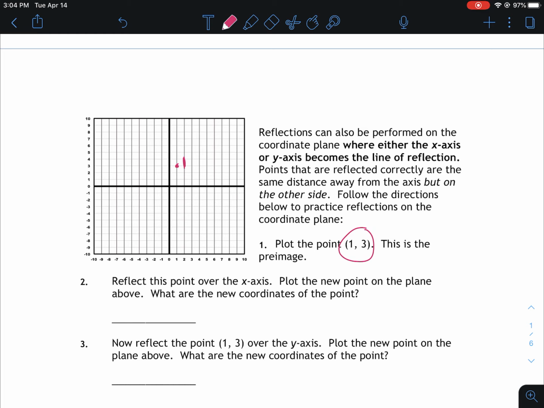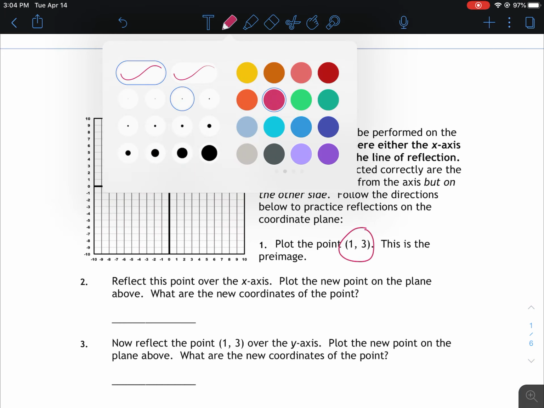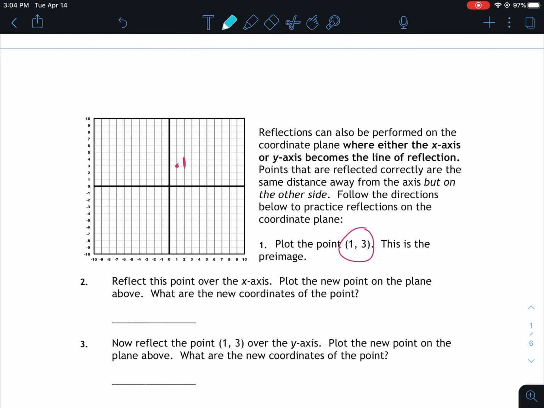The next thing is that we are going to move on to part 2. It says reflect this point over the x-axis. Plot the new point on the plane above, and what are the new coordinates of the point? Okay, so I'm going to change colors here, and I'm going to go with a light blue, and I'm going to reflect point number 1 over this x-axis.